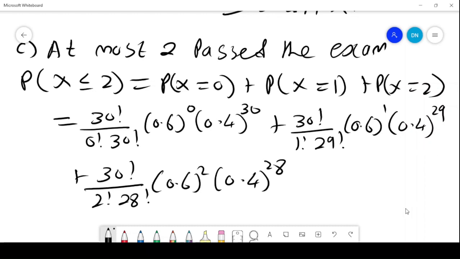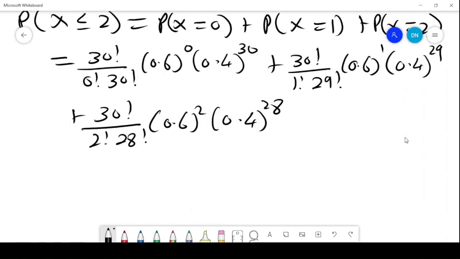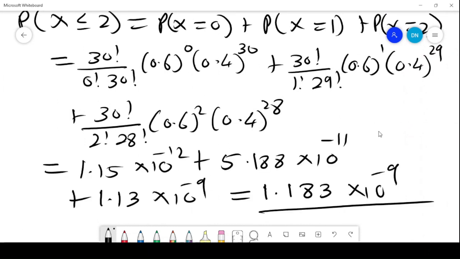When we compute all that and put them together, that gives us the probability. The probability that at most 2 will pass the exam is 1.183 times 10 raised to power negative 9.